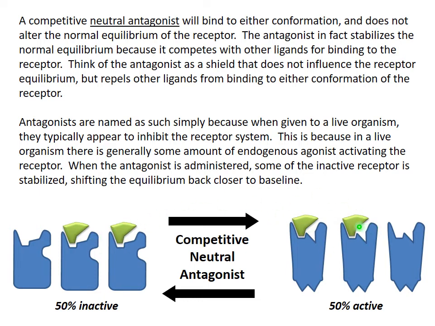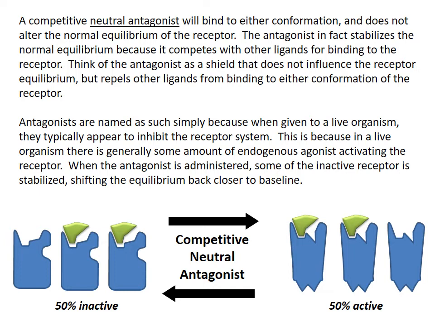It's going to resist change. So if I had a full agonist mixed with this, if many of these sites are occupied, they're going to prevent the full agonist from binding. It's going to prevent us from shifting to the right. It's going to keep us closer to neutral or a balanced population of inactive to active receptors.